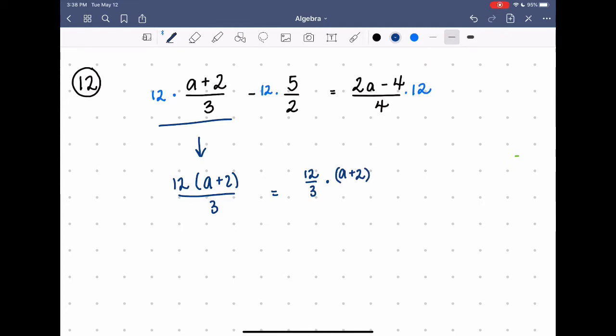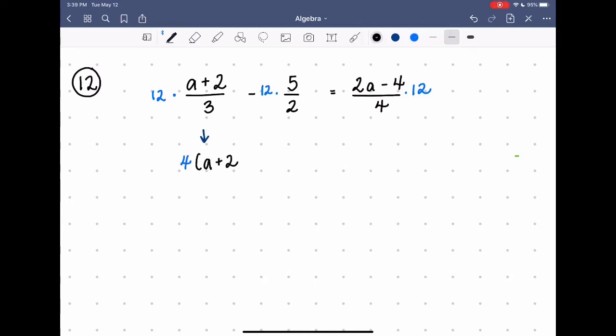So I'm going to be able to divide out that denominator by the number that I'm multiplying it by. So 12 divided by 3 is 4. So I can change this whole thing to be 4 times a plus 2.